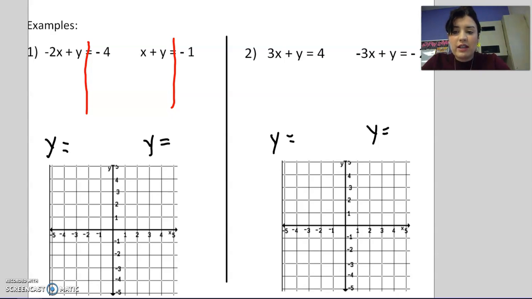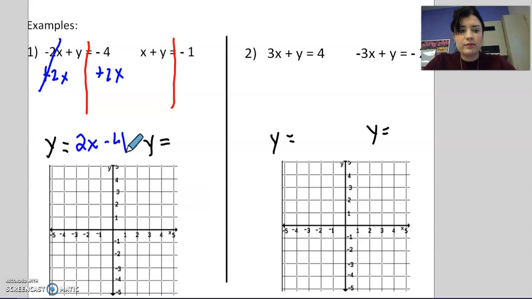Since this is a negative 2x, we add 2x to the other side. If we rewrite this, we get y left over, and it'll be y equals positive 2x minus 4. I just moved that 2x over by adding it.